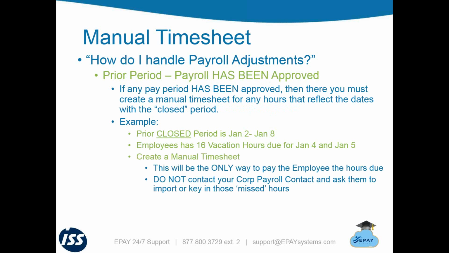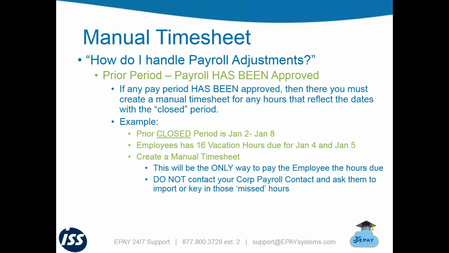Now, on the flip side of this, if the pay period or prior period has already been approved, meaning it's already been sent off to JDE, Blueforce has already taken that time and exported it to JDE, and the employee's been paid, the key thing here is, if the payroll has already been approved, then at that point you must create a manual timesheet for any hours that reflect the dates within that closed period.